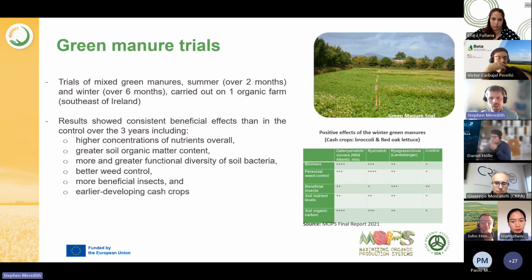So what we found over the 3 years was that the short-term green manure trials in the main showed very beneficial effects for each of the successive cash crops, including higher soil nutrient concentrations, more beneficial insects, greater functional soil diversity, greater soil organic matter, and better weed control overall.